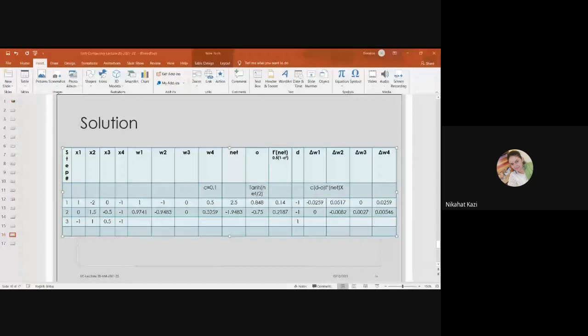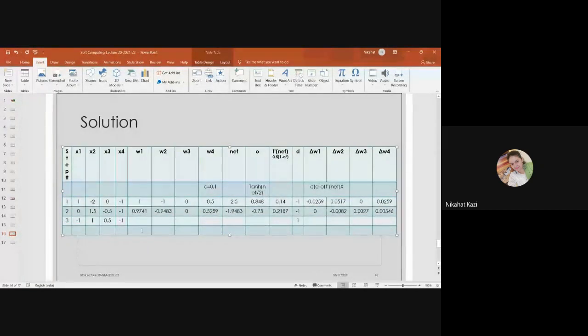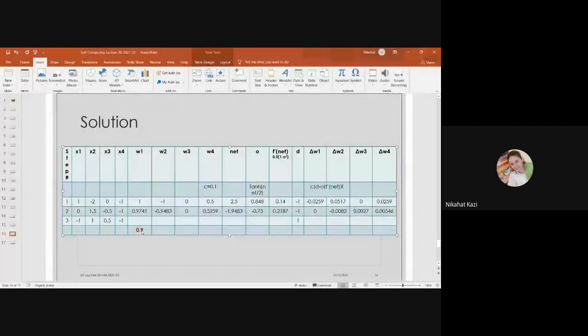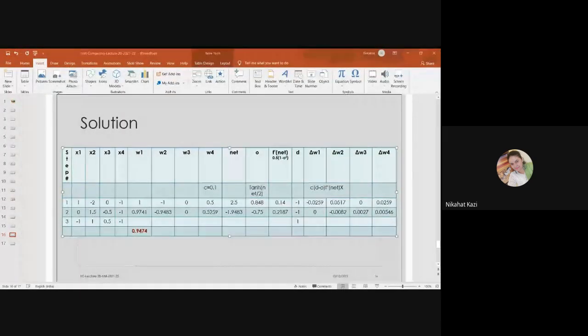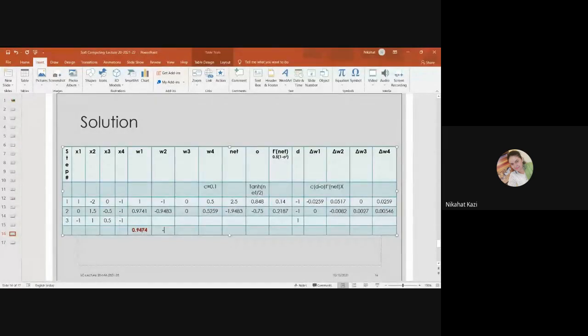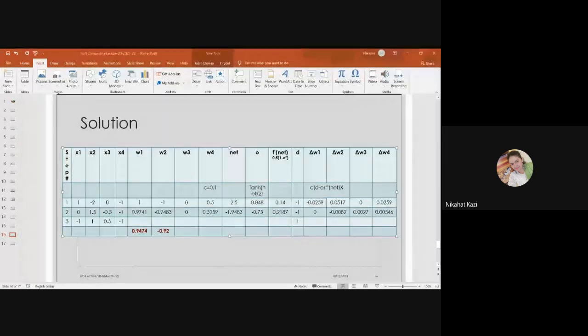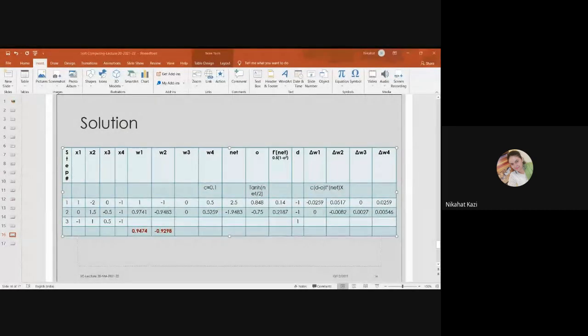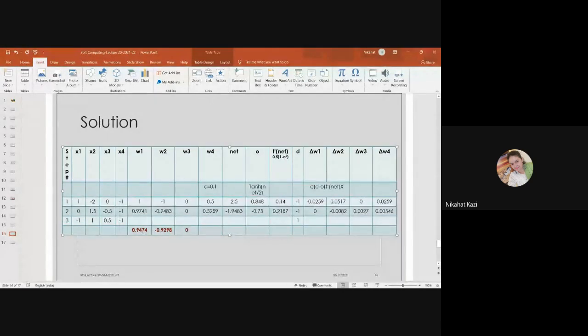The final weights I'll give to you as the answer so that you can verify them. You should get this answer for the last row.